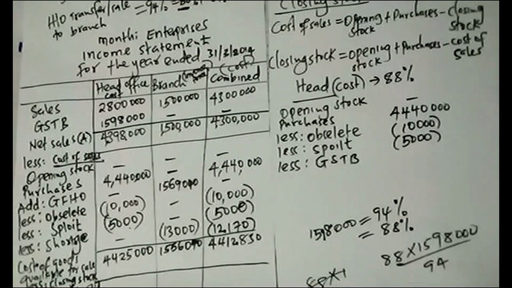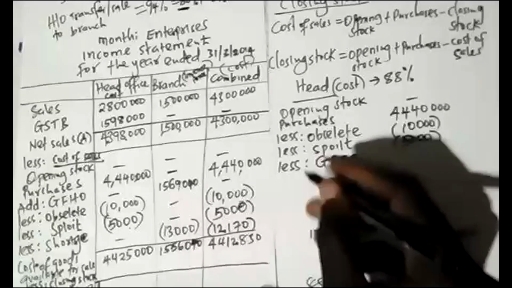So that I convert that 1598, because they were goods sent to the branch and they were sent at 94%. That is what we said early enough, those percentages. Goods are transferred to the branch at 94%. Sales are made at 100%, of which sales is later to third parties. So to do that, I'm getting 1496.